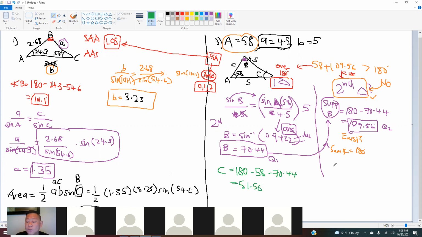And don't forget, you also need to find angle C here. So again, you take 180 minus 58 minus 109.56, because that's what we found with angle B. That will give us 12.44. So you do have the second triangle existing here.